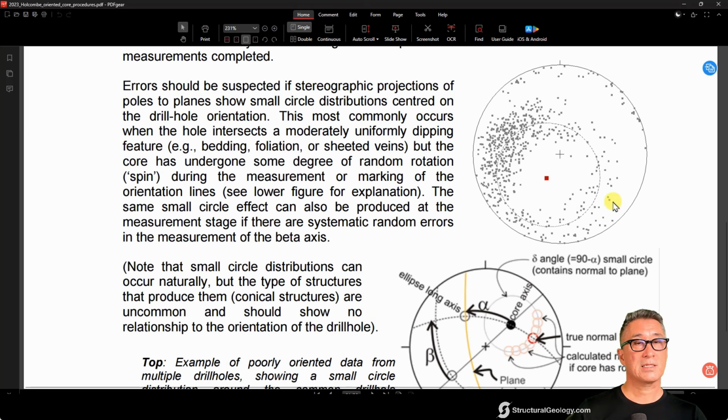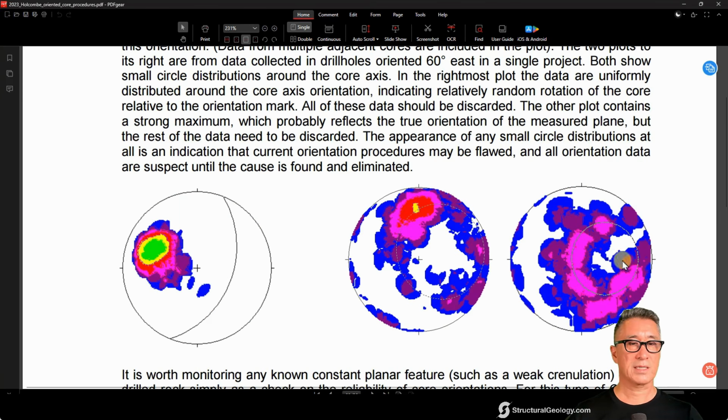And you can clearly see that in this case there's an asymmetrical distribution of the poles. This is exactly what I've shown you. It's an anti-clockwise distribution of the poles. Now he has a couple more examples where I really can't tell what's going on. They don't look like there's an asymmetry.